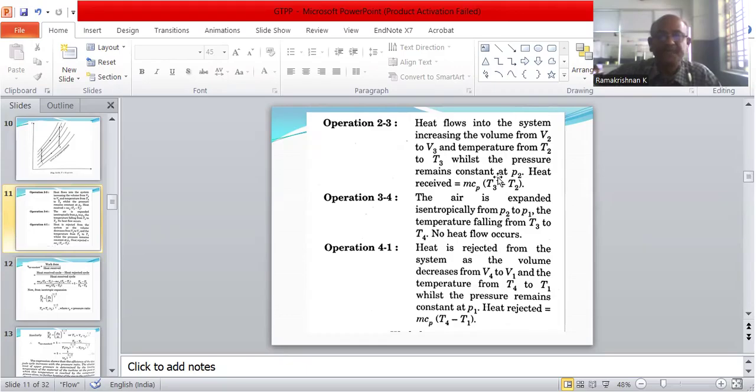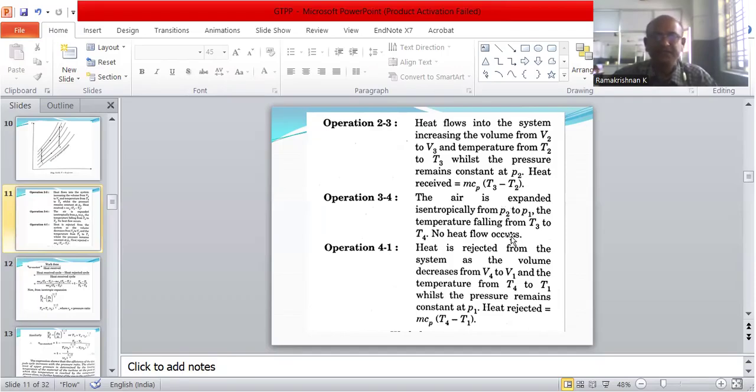Here, 2 to 3 is the heat addition in the combustor process. Here, the volume changes from V2 to V3. That is the increase in volume from V2 to V3, and heat received is m Cp into (T3 minus T2).